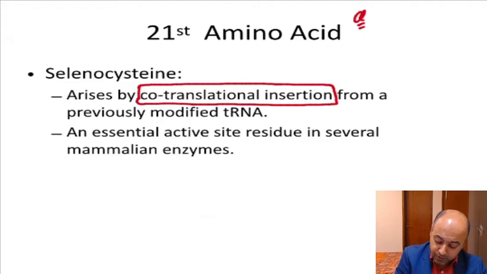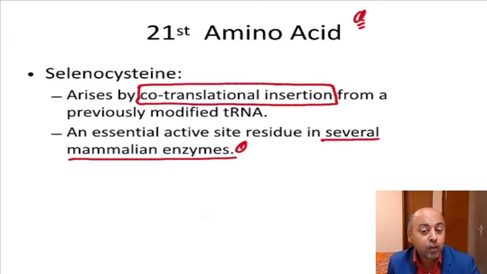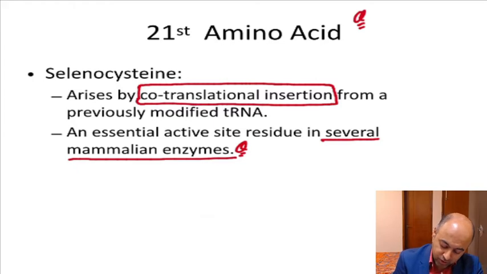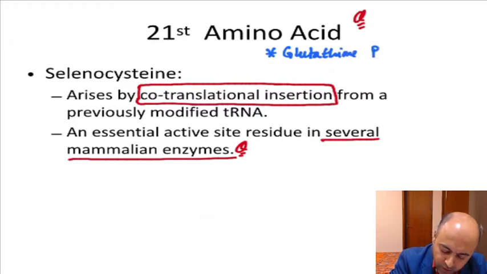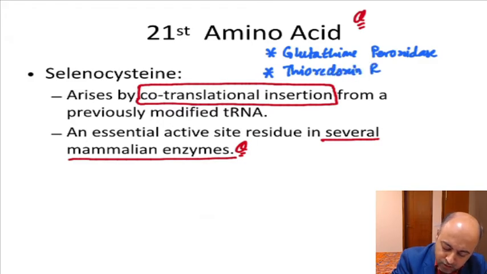Second, it is present in several mammalian enzymes, and this is the second question which is asked: which of the enzymes contain selenocysteine? Some names which you must remember: first, glutathione peroxidase. Second, thioredoxin reductase.